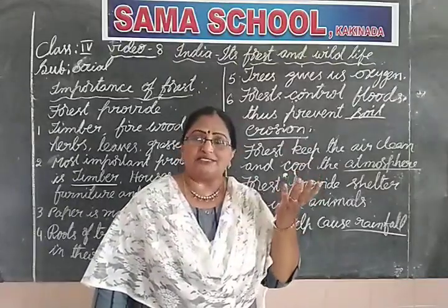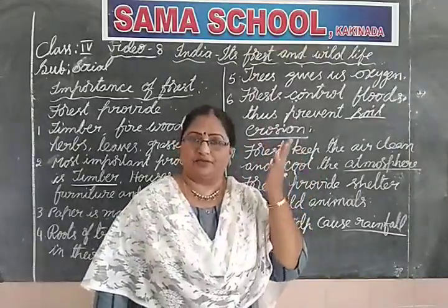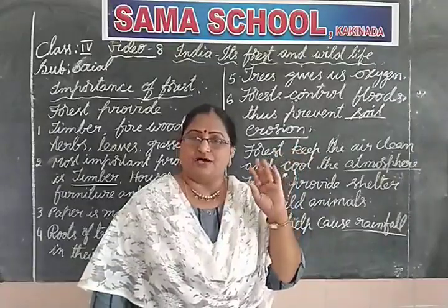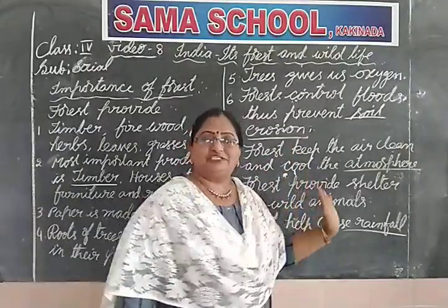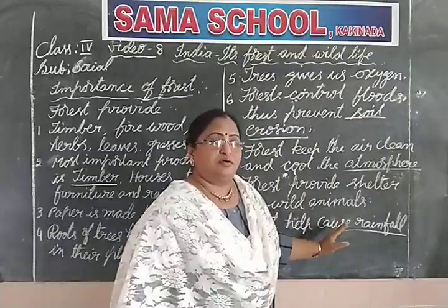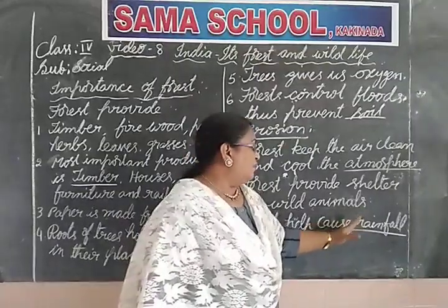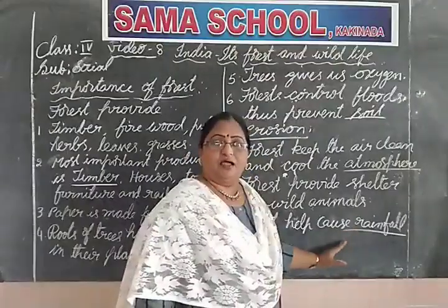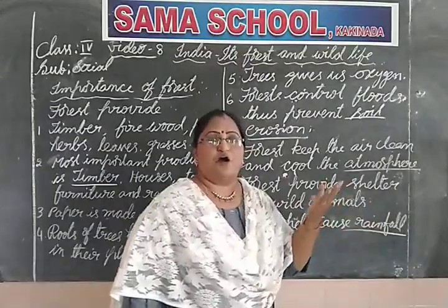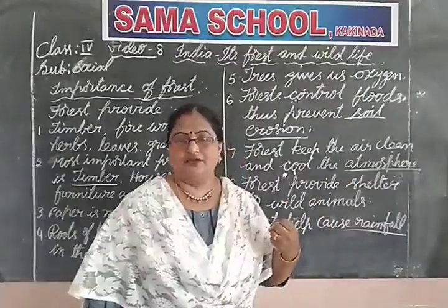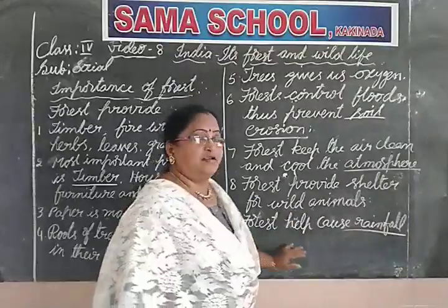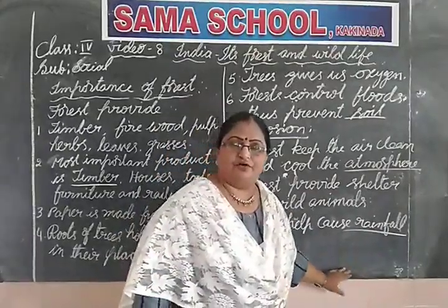Seas evaporate and become water vapor and become clouds. First, after the seas, this vegetation puts water vapor into the air and they form the clouds and cause the rainfall. In that way, this forest helps cause the rainfall also.